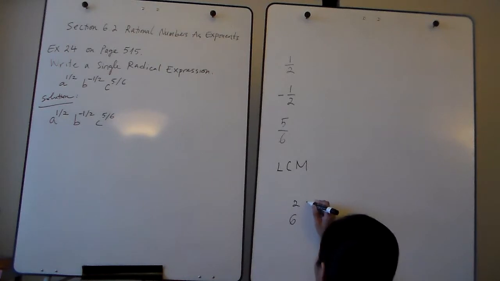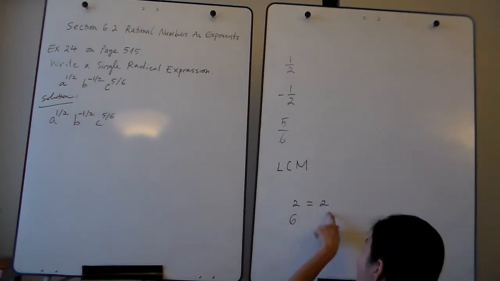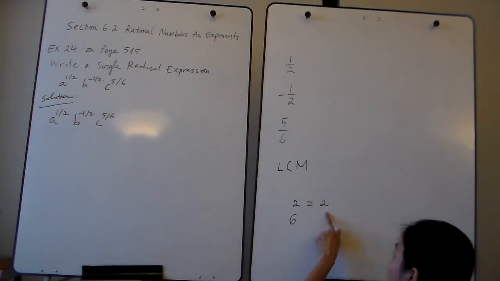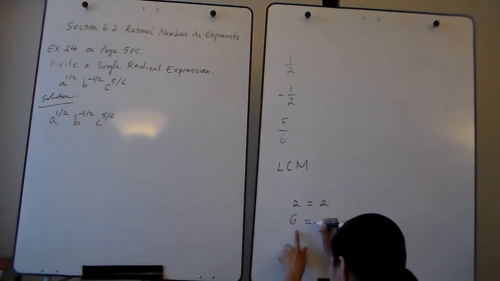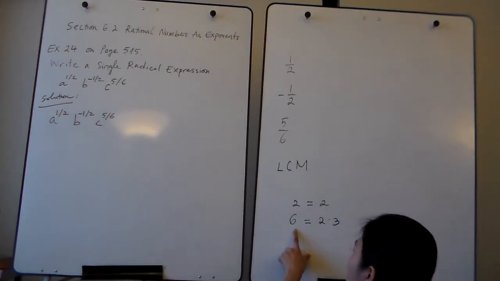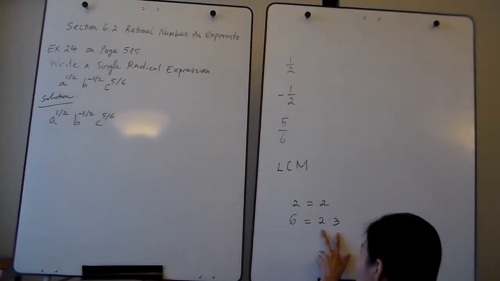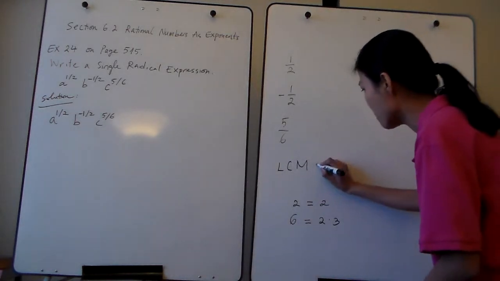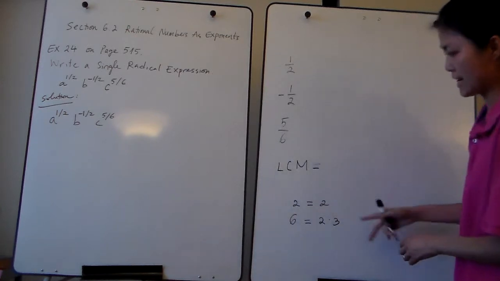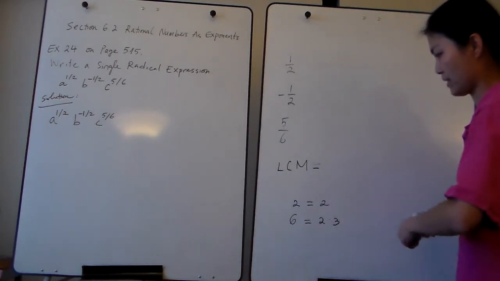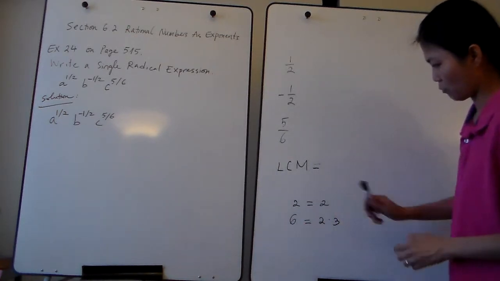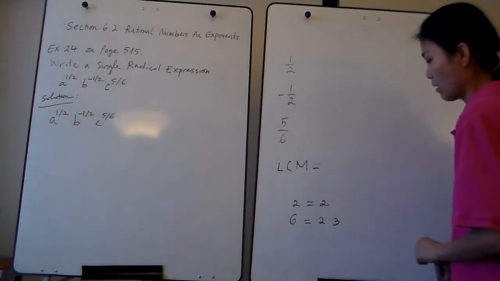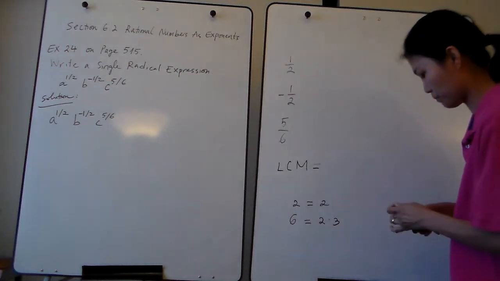2 is a prime, so you cannot factor it any further. You can leave it as 2. 6, you can factor into 2 times 3. To find the LCM, you use the factors in the denominators that happen the greatest number of times, the most frequent.